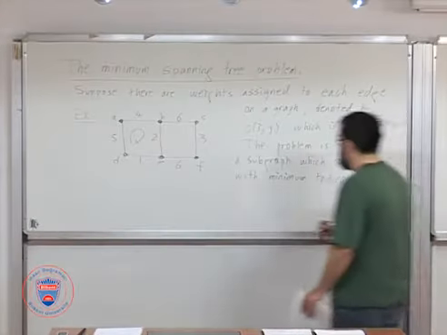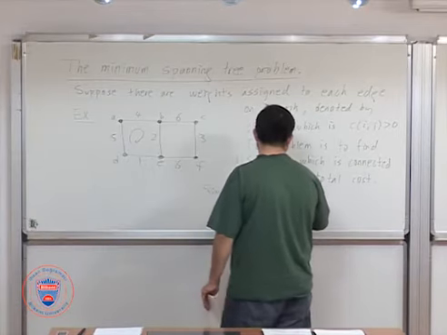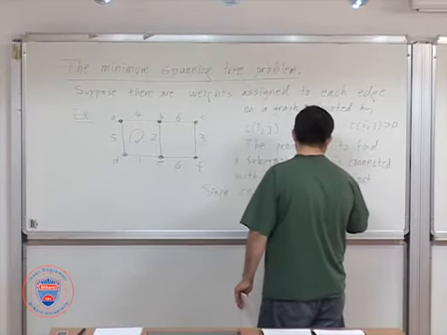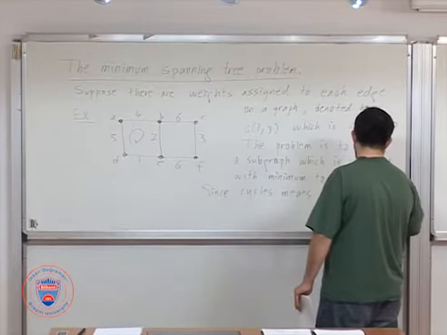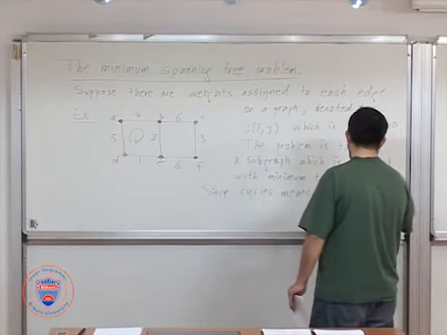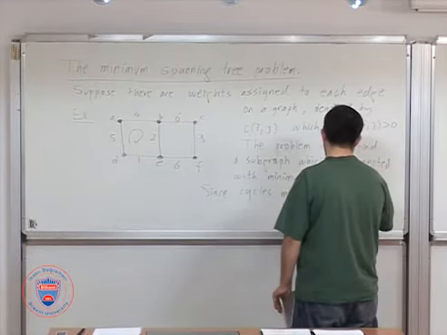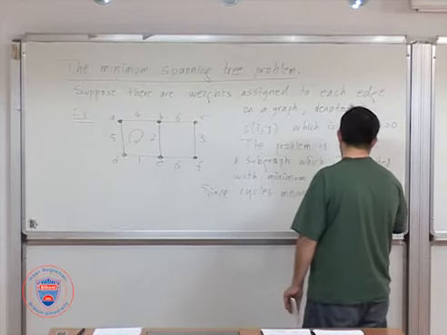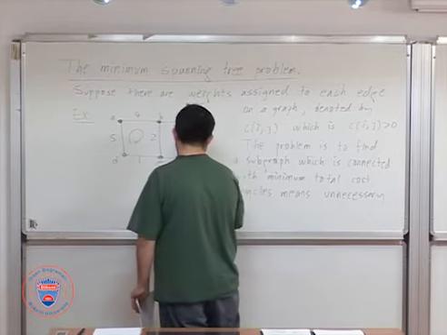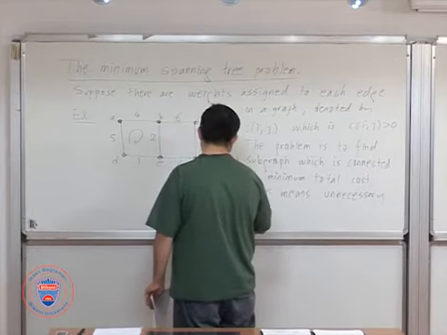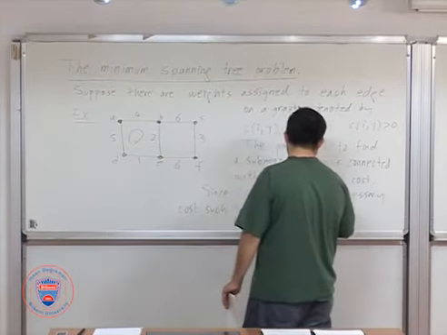Okay? Since cycles mean we use too much, meaning unnecessary cost, such a subgraph should be a tree.